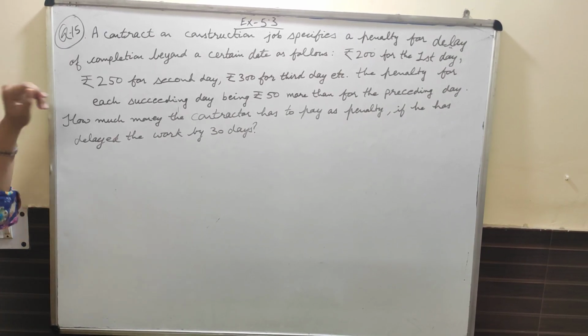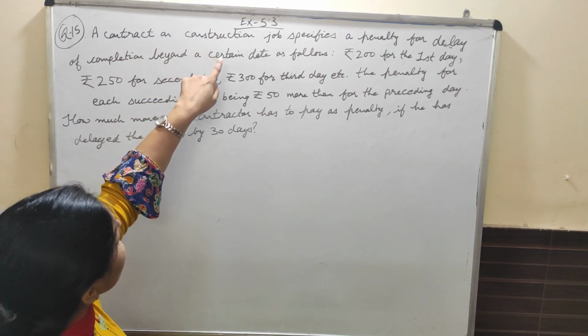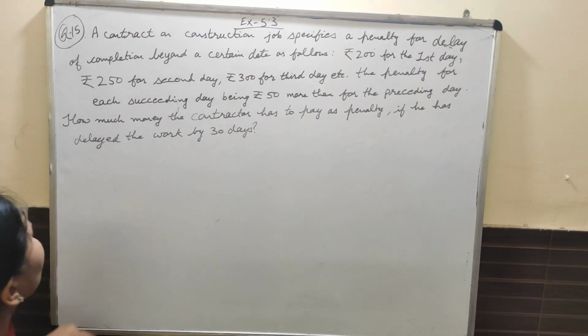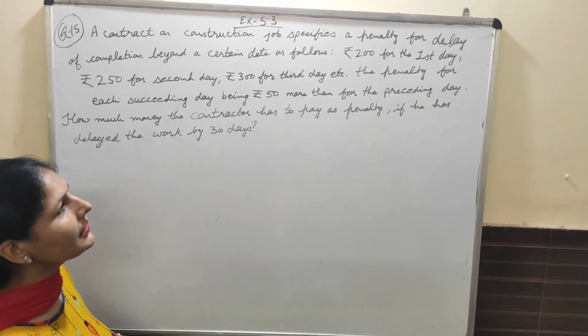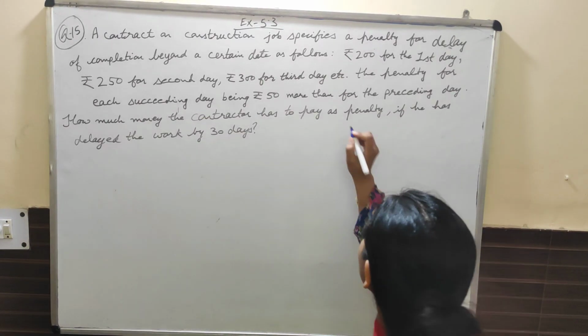Yes, in question number 15, a contract construction job specifies a penalty for delay of completion beyond a certain date as follows: rupees 200 for the first day.